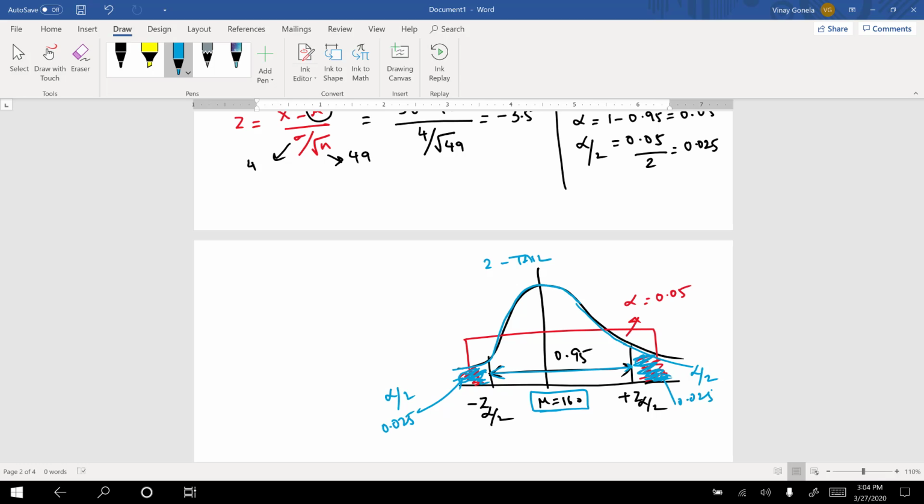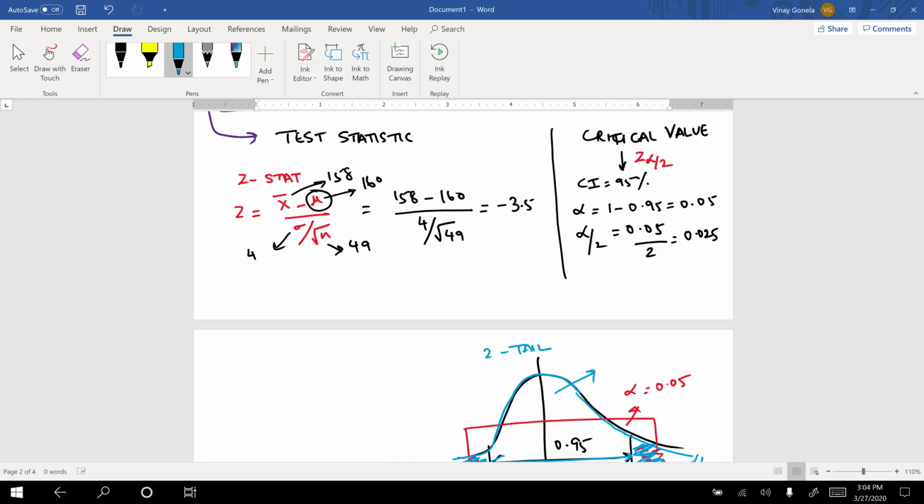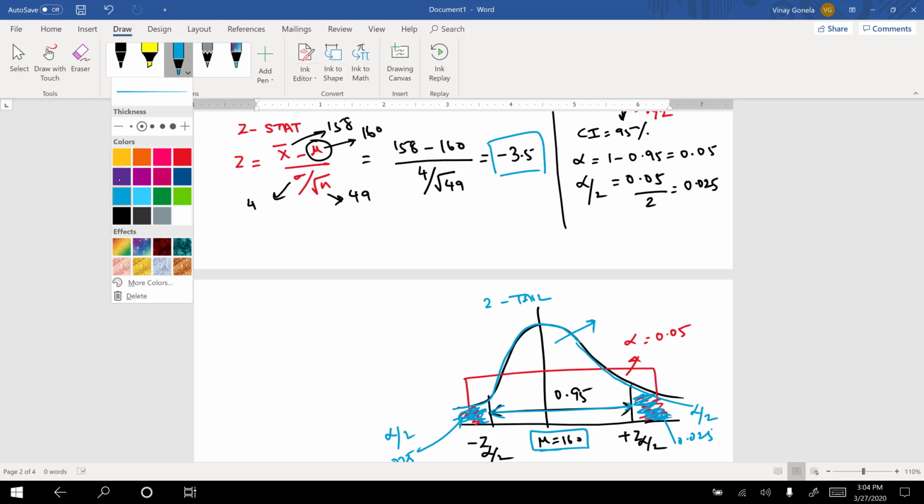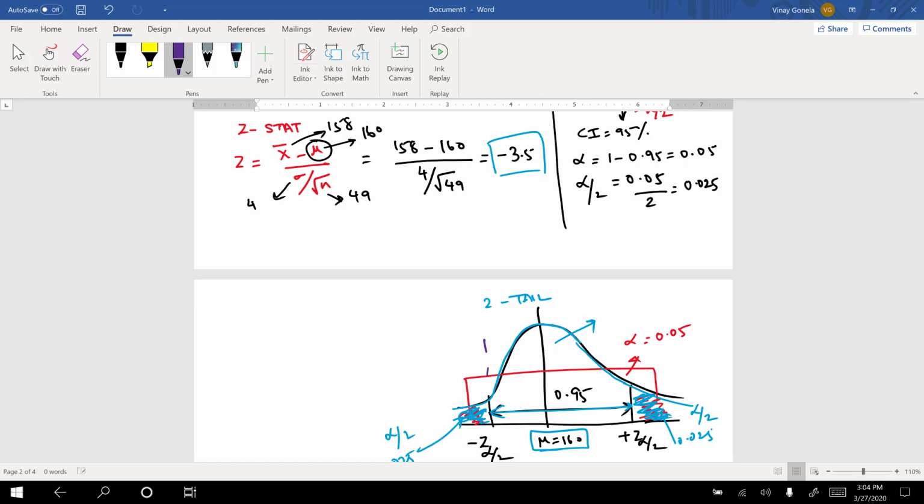So if your z stat value, negative 3.5, falls in this area, from here to here, you say do not reject H null.